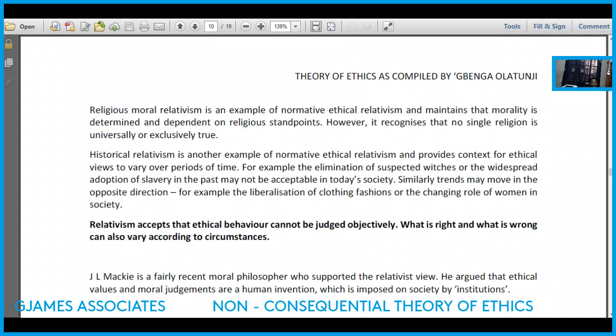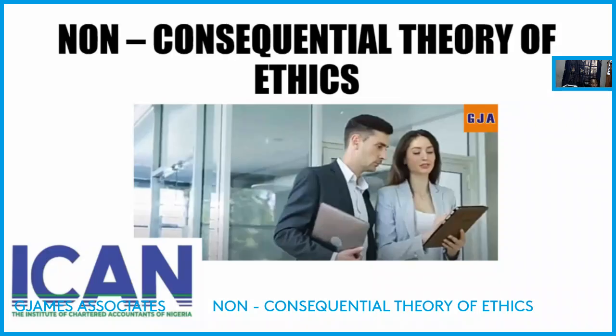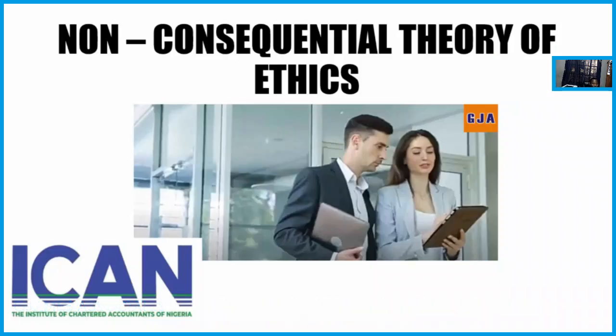So basically, relativism accepts that ethical behavior cannot be objectively judged. It is subjective. In fact, it is highly subjective. So what is right, what is wrong can also vary according to our situations or circumstances. So in summary, when we are talking about what is right, what is wrong, know that we are talking about morality.